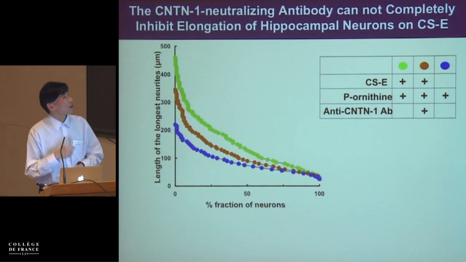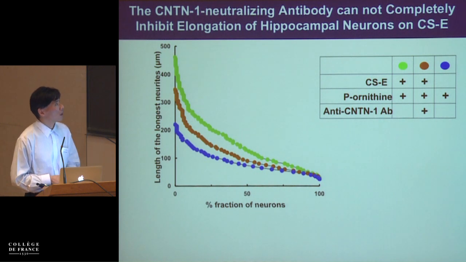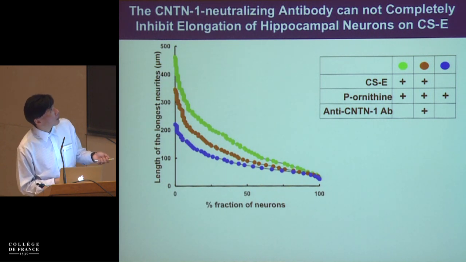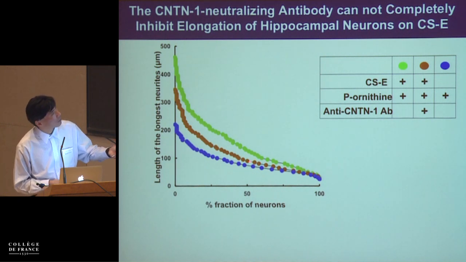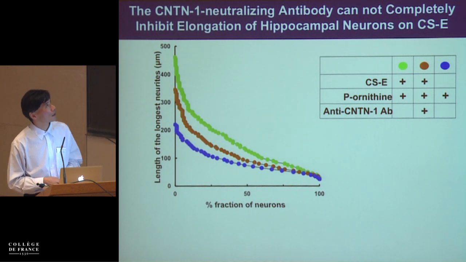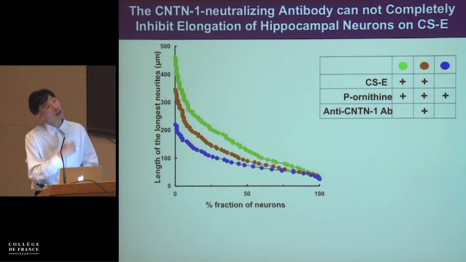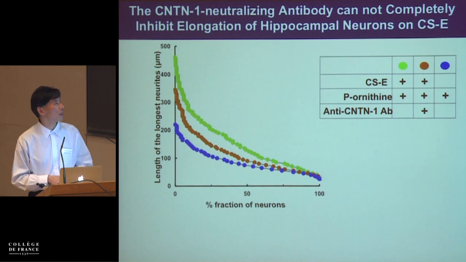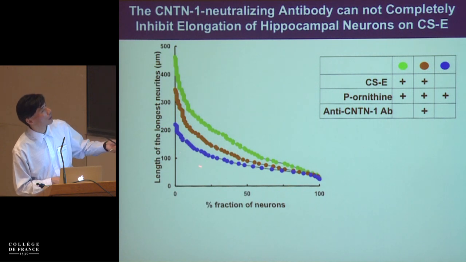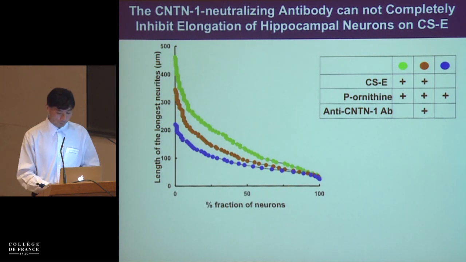However, the quantitative analysis measuring the length of the longest neurite of individual hippocampal neurons reveals that the contactin 1 neutralizing antibody, as indicated by the brown circle, could not completely inhibit elongation of hippocampal neurons on chondroitin sulfate E as compared with a polyornithine control, as indicated by the blue circle.